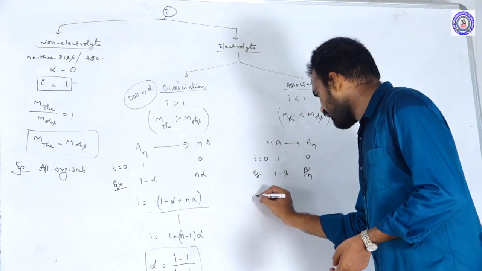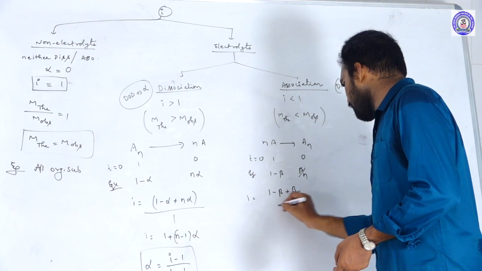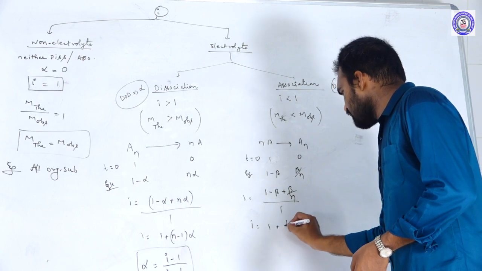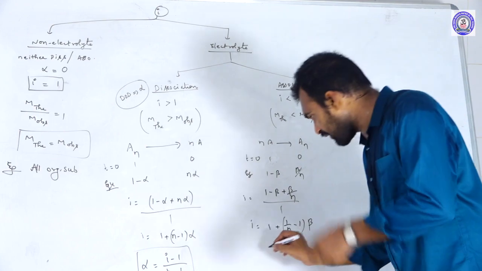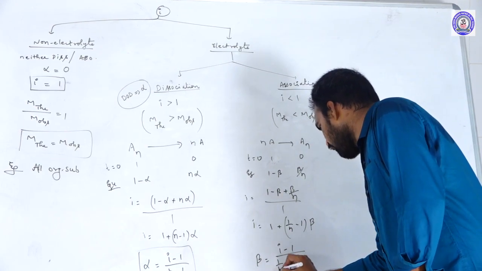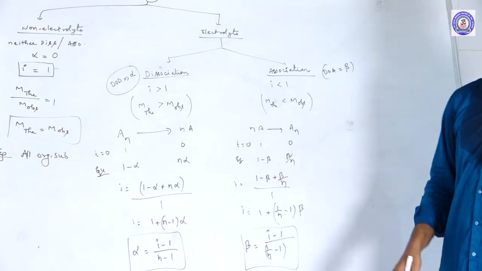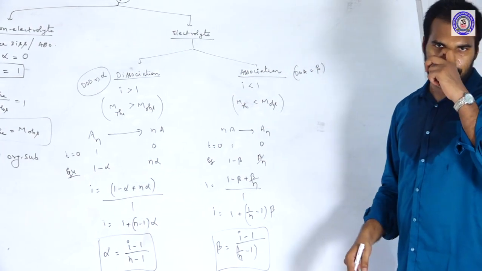So what is the total number? i is equal to 1 minus beta plus beta by n, divided by 1. So i is equal to 1 plus (1 by n minus 1) into beta. So from that, beta is equal to (i minus 1) by (1 by n minus 1). By using this, we can calculate the degree of dissociation and the degree of association.